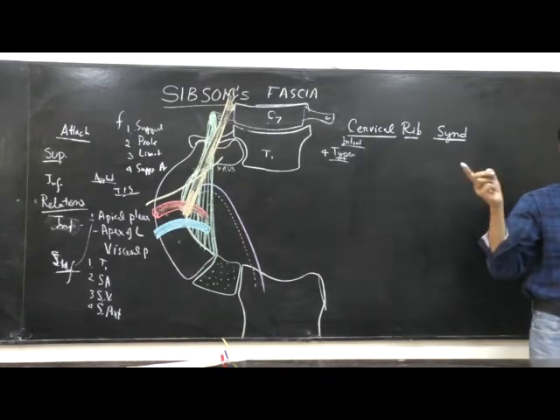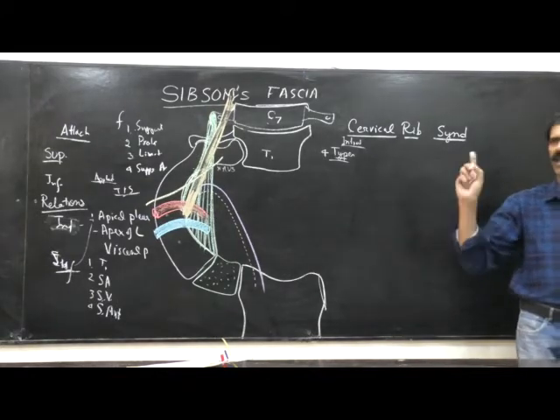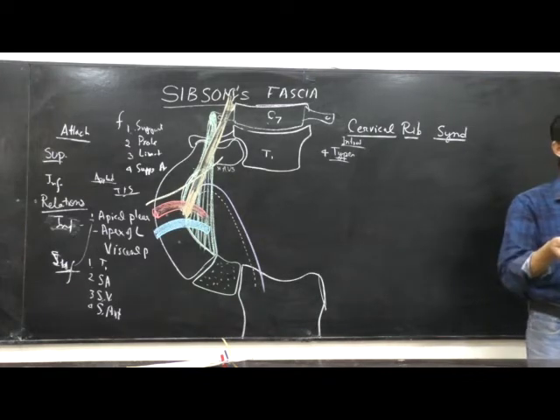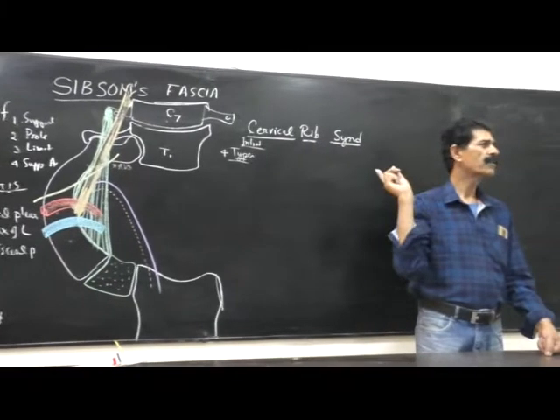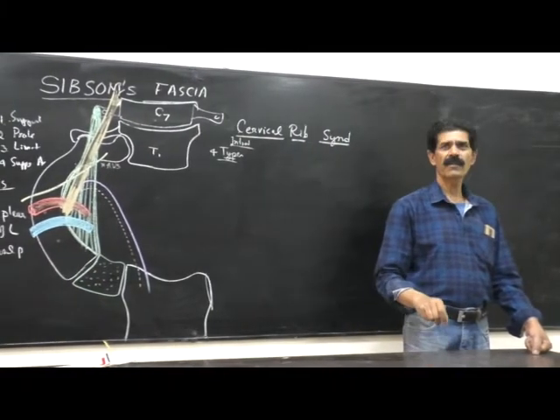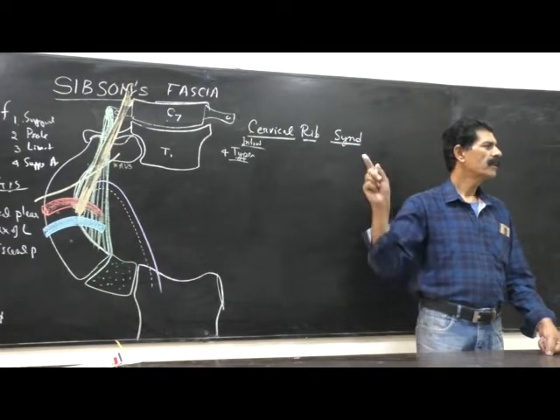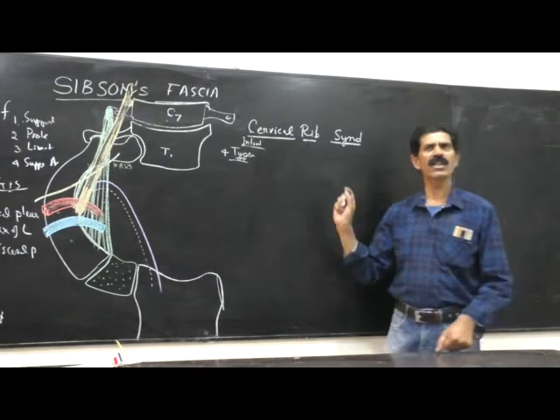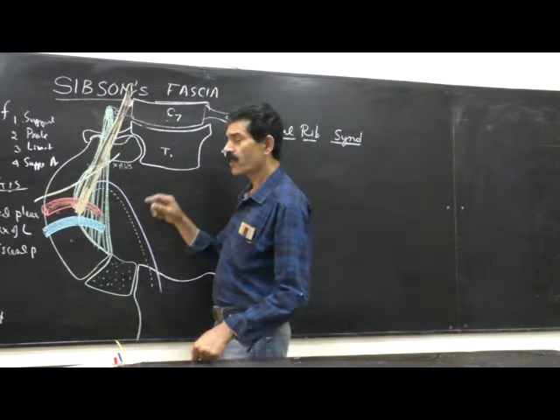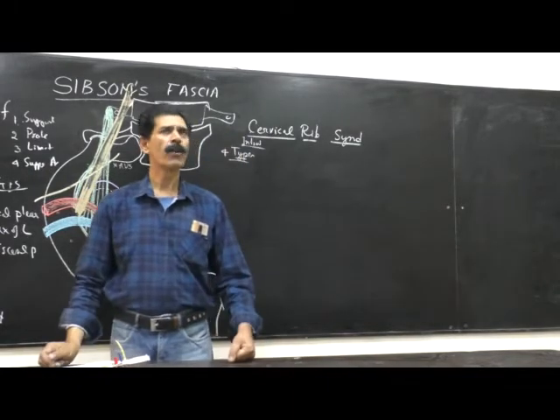As I have said earlier about the cervical rib, each and every word should come here. Whatever I have spoken right now, a few minutes before, you have to write down under introduction. After that, you go systematically, into the detail.